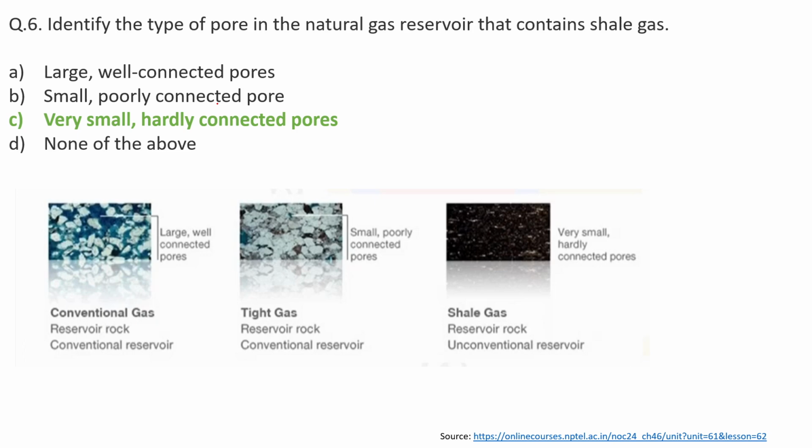Tight gas is found in small and poorly connected pores, and shale gas is found in very small, hardly connected pores. So, as they have asked in the question for shale gas, they need very small and hardly connected pores. So option C is the correct answer.